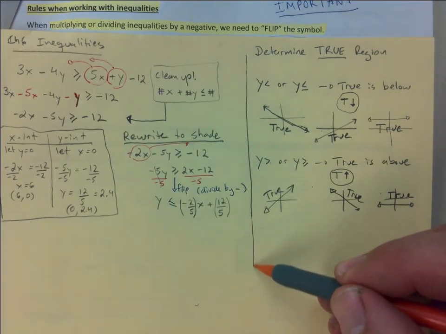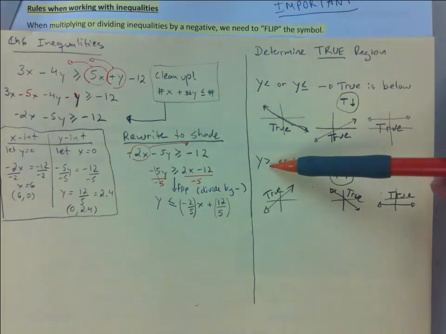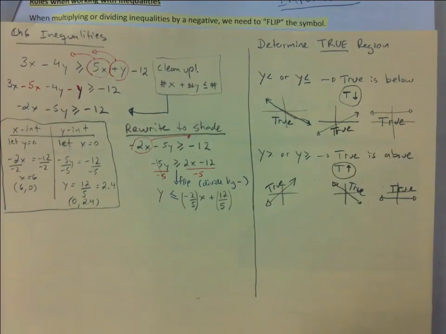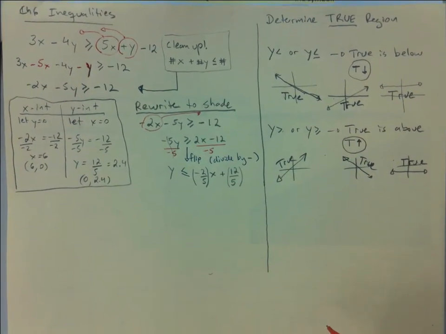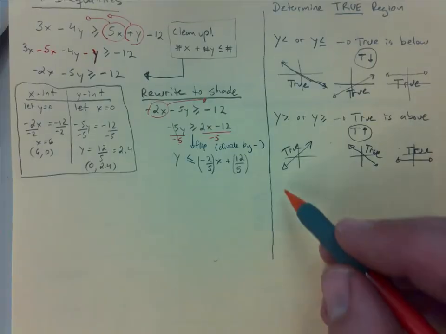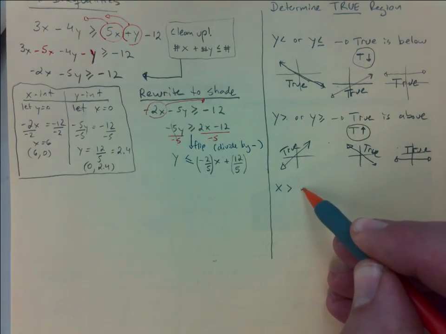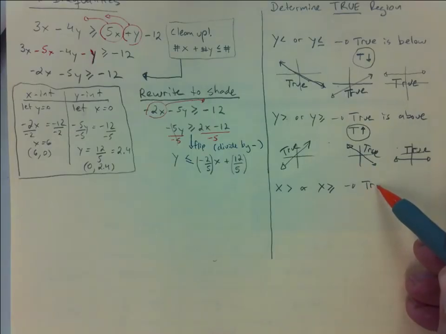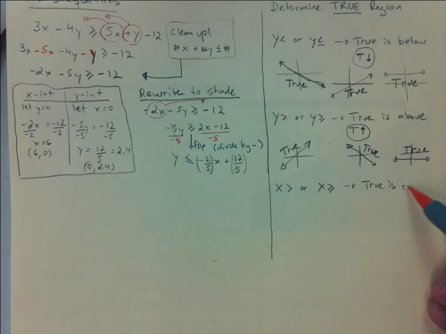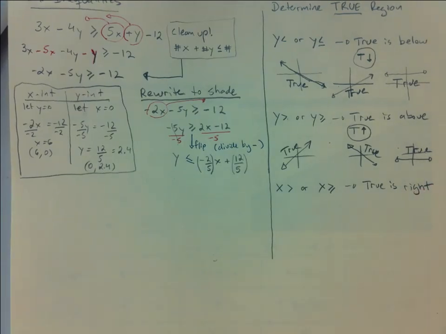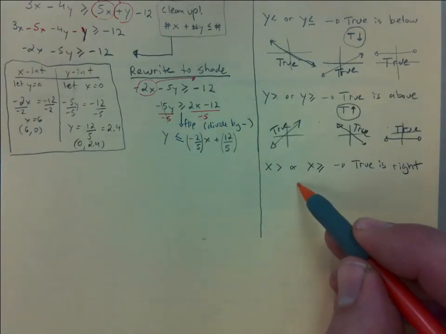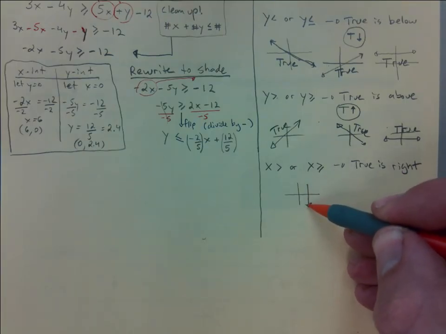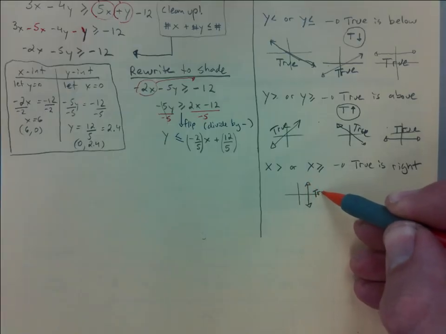But there's one more case that you need to consider. We've got both of these where you will have a y isolated. The last one is if you end up with an x only. If x is greater than, or x is greater than or equal to, true is right. And the only case you have to consider is where you have a vertical line and the true region is here.